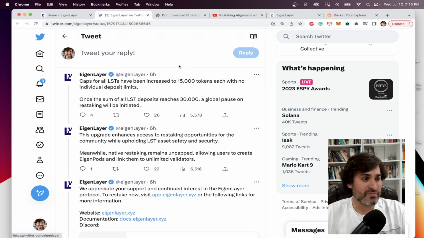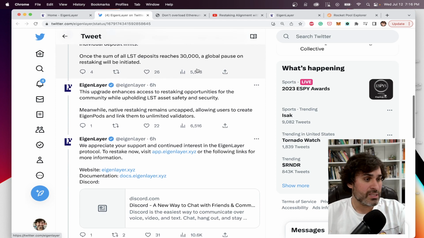So it says caps for all LSTs have been increased to 15,000 tokens each with no individual deposit limits. Once the sum of all LST deposits reaches 30,000, a global pause on restaking will be initiated. It says this upgrade enhances access to restaking opportunities for the community, while also upholding LST asset safety and security.